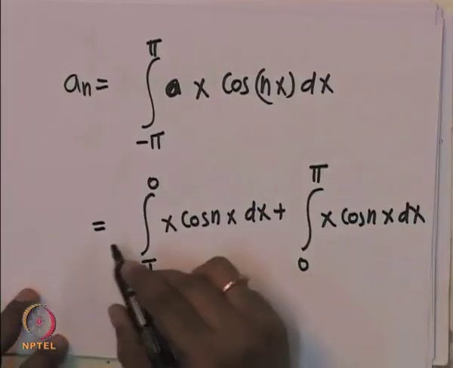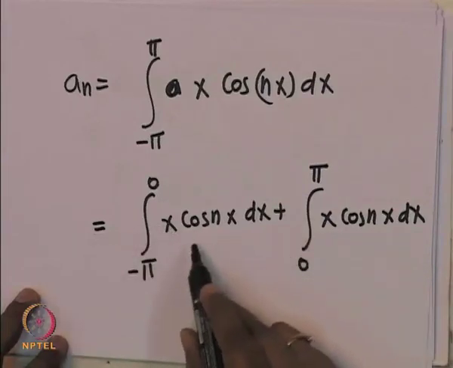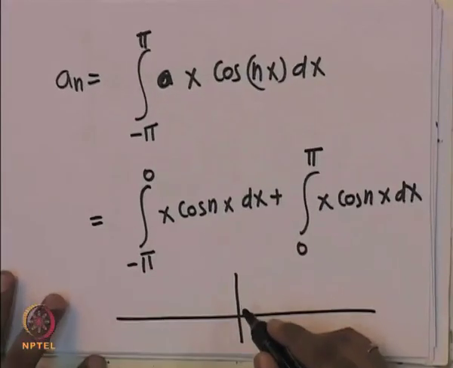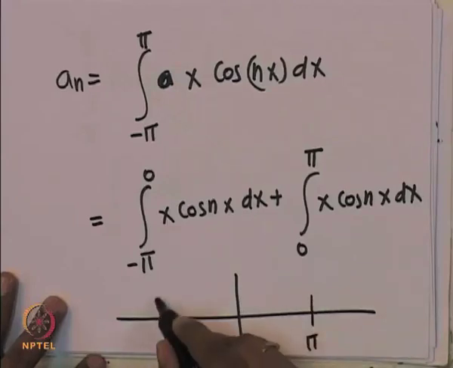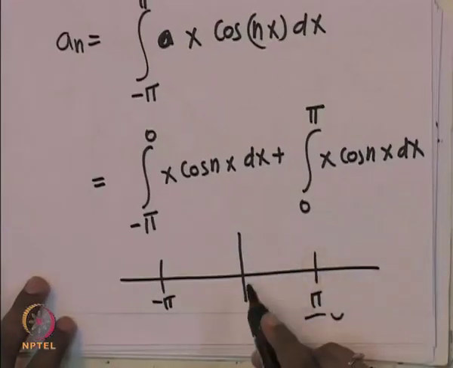So, it is like a sum. Here this is the negative part and this is the positive part. We want to make it a division at 0. Above 0 this is pi, below 0 it is minus pi. So, this is 0.